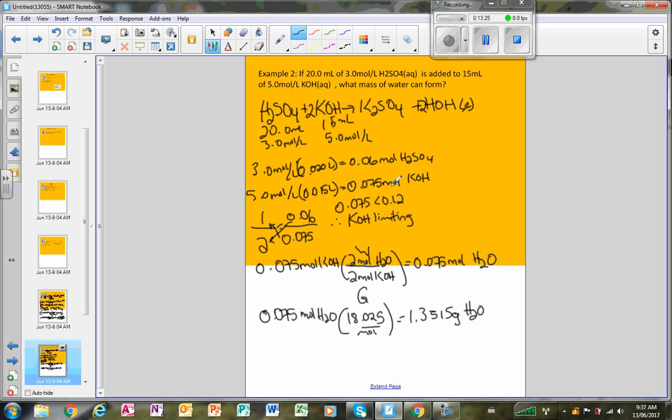When we look up at our question up here, we see that we have 2 decimals, two significant digits, 2 significant digits, and 3. So our limiting is going to be 2 significant digits, which is going to be 1.4 grams of water.